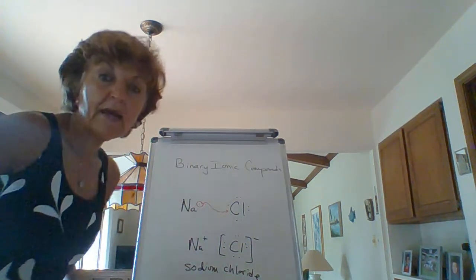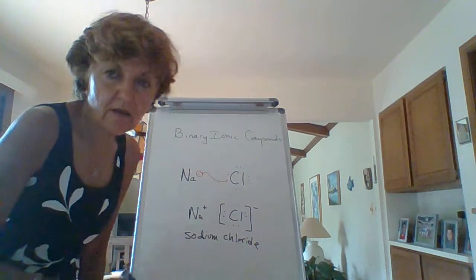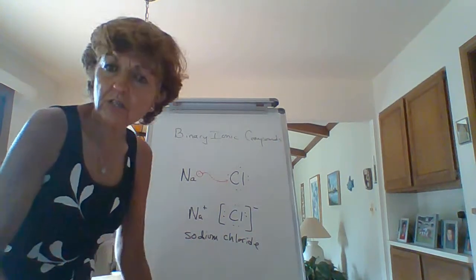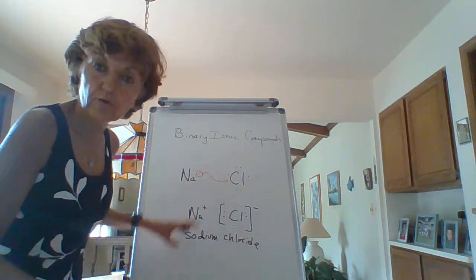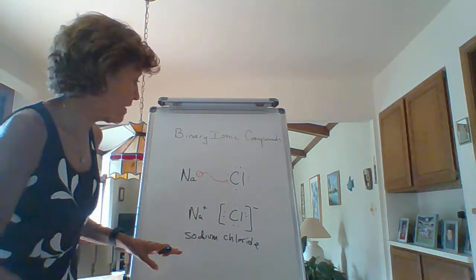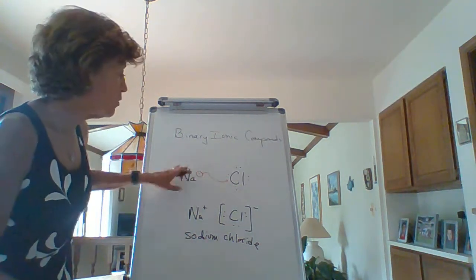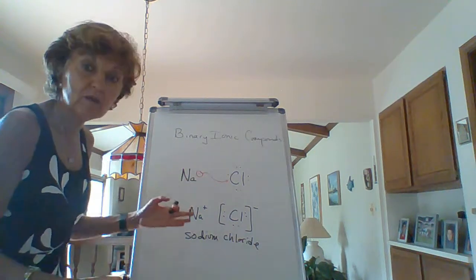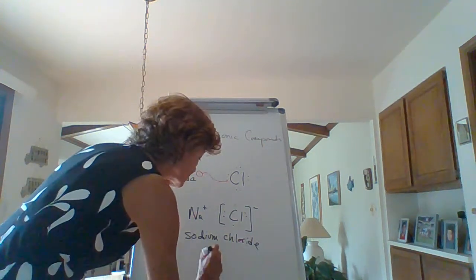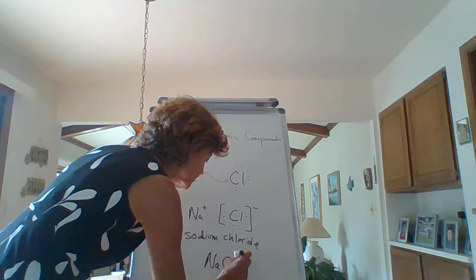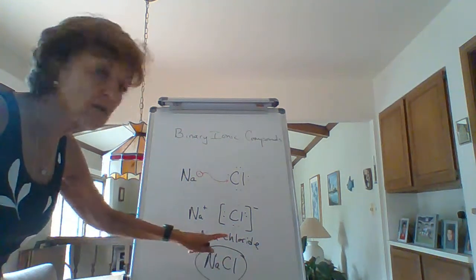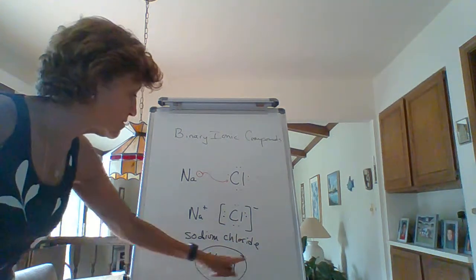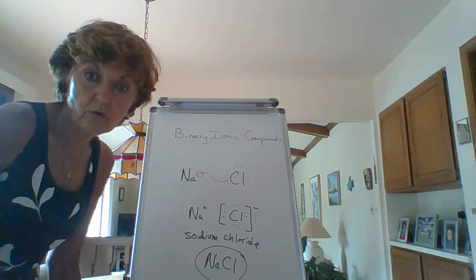Now, when we're doing reactions, when we're talking about sodium chloride, we rarely do a full Lewis formula like that. I just wanted to show you what is actually happening. But normally when I write sodium chloride, I just write NaCl. Look at this. No pluses, no minuses, no dots. It's just NaCl. That's sodium chloride.